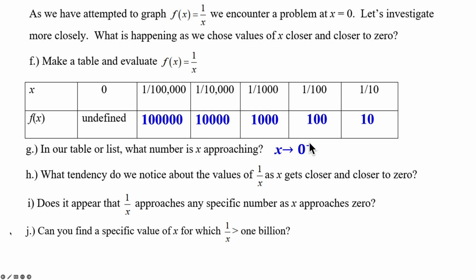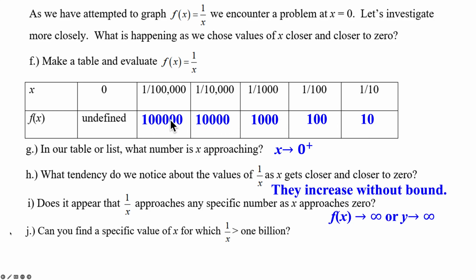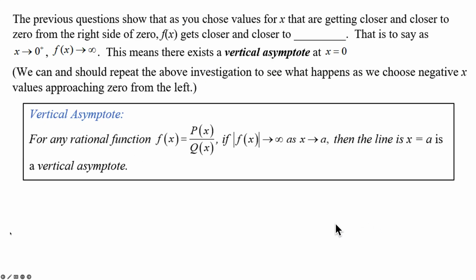So you will see this notation, especially when you get to calc, when you're doing limits. X is approaching 0, and in the exponent position, they put a plus sign. That means you're approaching it from the right-hand side of 0. And as we were doing that, we said we're getting bigger and bigger values, so we're increasing without bound, which means, okay, we're approaching infinity.